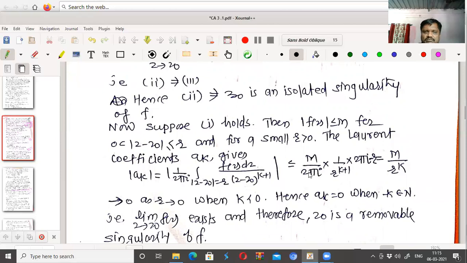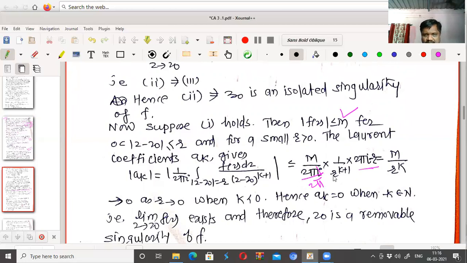This is less than or equal to 1 upon 2 pi. Actually, it is 1 upon 2 pi; it is not necessary to take i because the modulus is there. Then M upon 2 pi, 1 upon r to the power k plus 1, because mod f(z) is less than or equal to M. Taking the mod of 2 pi i gives 2 pi.